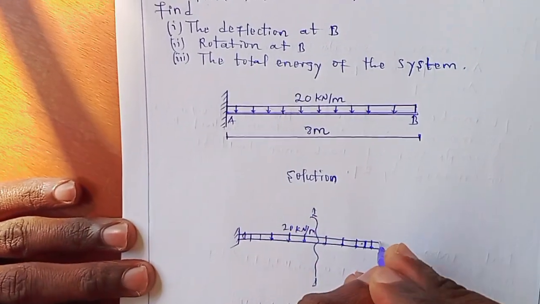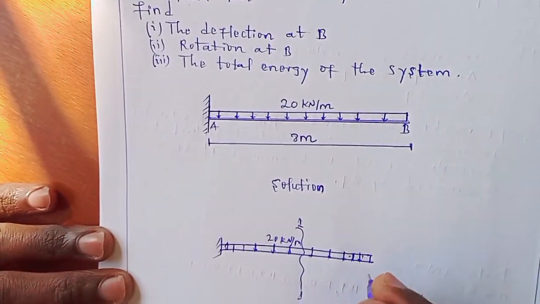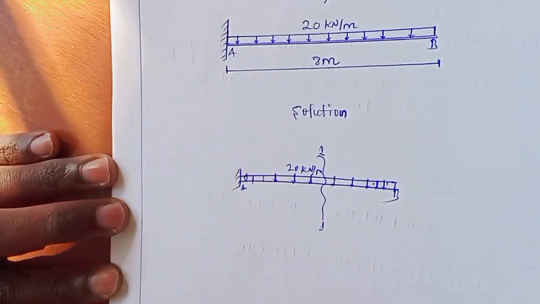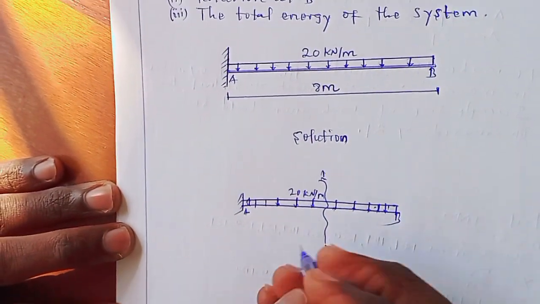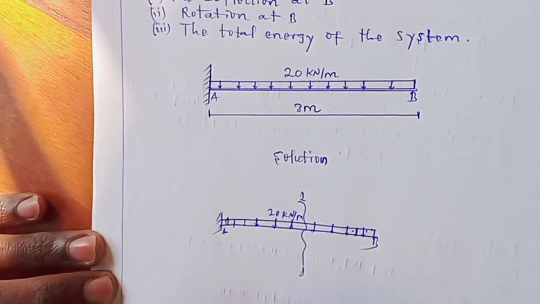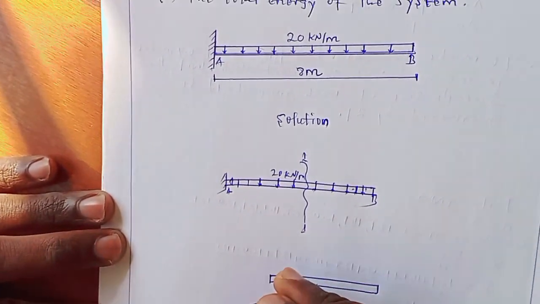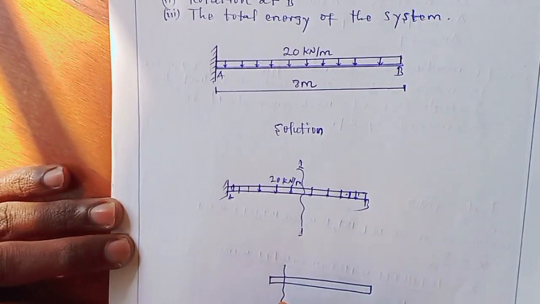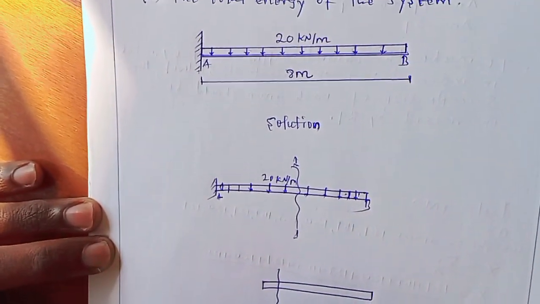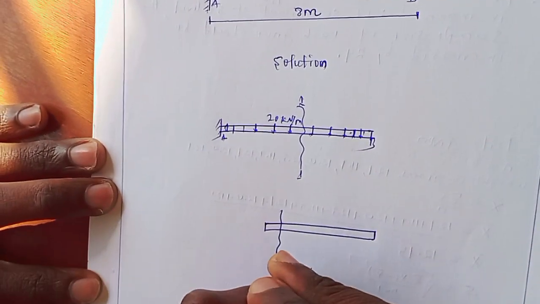It will be section 1-1, point B, point A. After cutting the section, the system will be in this way. This is the shear force at distance x.